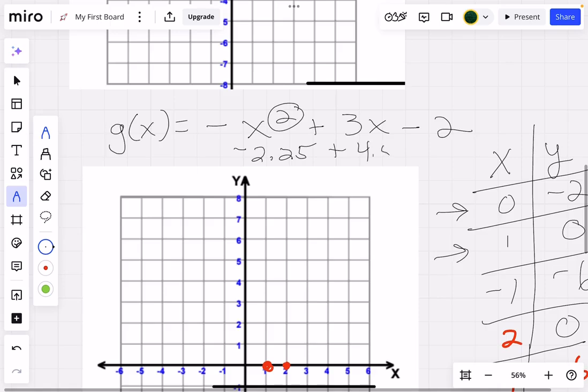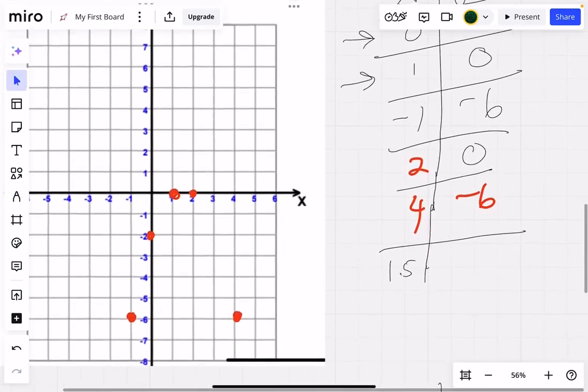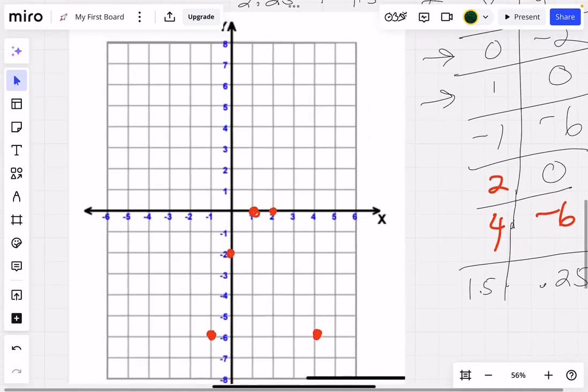That's 4.5, and then minus 2. So we have a quarter. Nice. That's pretty much what we anticipated, I think. So 1.5, and then here's my peak, like right around here somewhere.